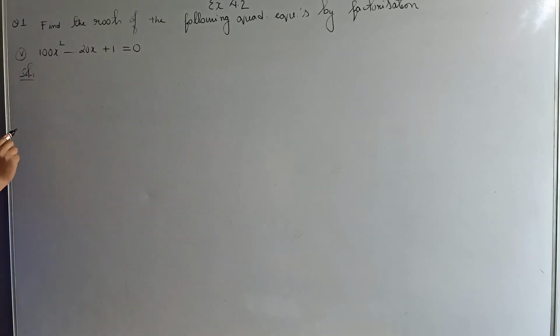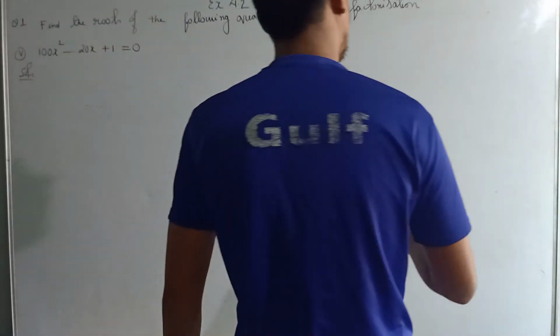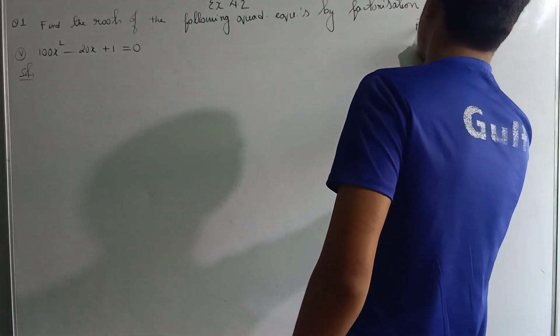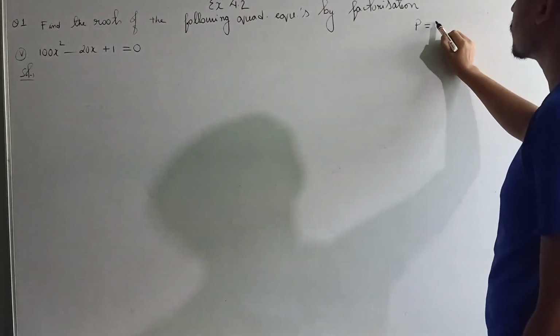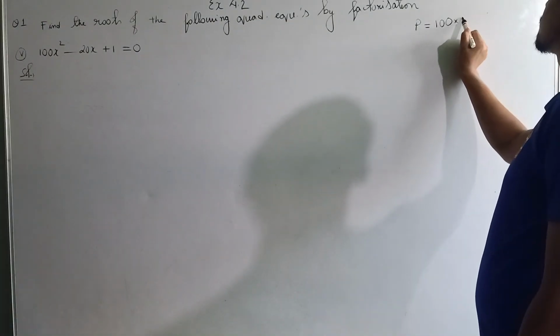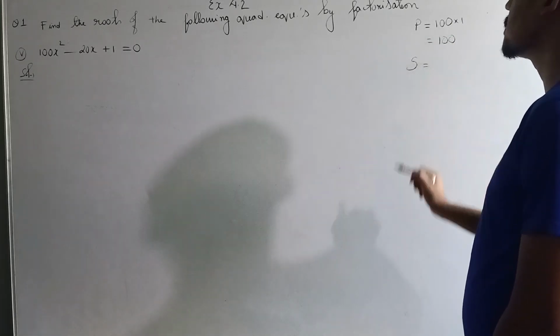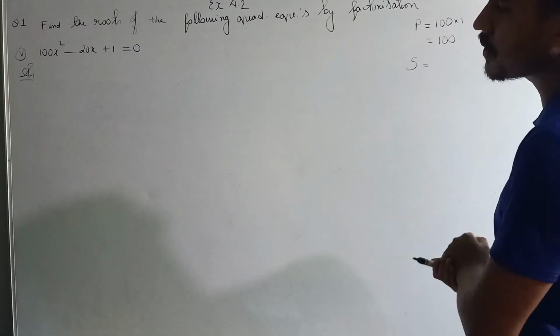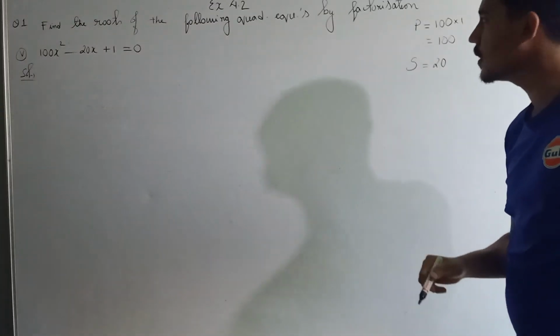We proceed as usual. We find the product of coefficient of x squared and the constant term. Coefficient of x squared is 100, constant term is 1, so the product is 100. Sum, we take the coefficient of the middle term, which is minus 20. Consider only the numerical value 20.